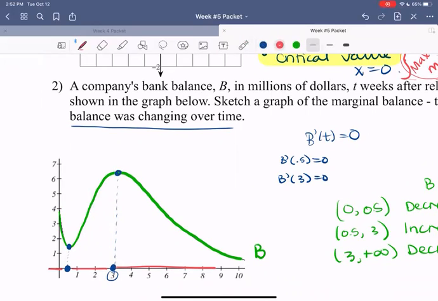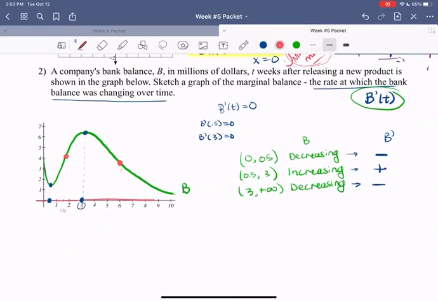So we see that we have a concavity switch at 1.5. Then we continue to be concave down until where? Maybe about here. We're just estimating, so about 6, let's say.